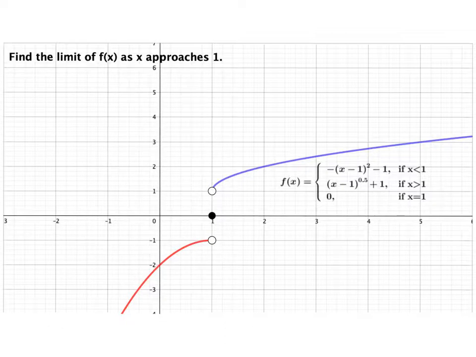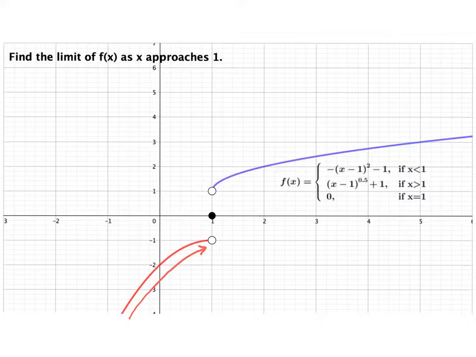Now we're going to start by considering the left side limit in this problem, or the limit of f of x as x approaches 1 from the left side, or from values of x that are less than 1. We can see that as our function gets closer and closer to 1, our y value is getting closer and closer to -1.